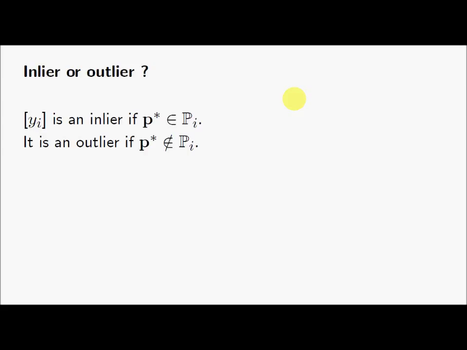I will also define what is an inlier and an outlier. The interval yi, which corresponds to the measurement, is an inlier if the true value for p belongs to this set. It will be an outlier if it is not the case.